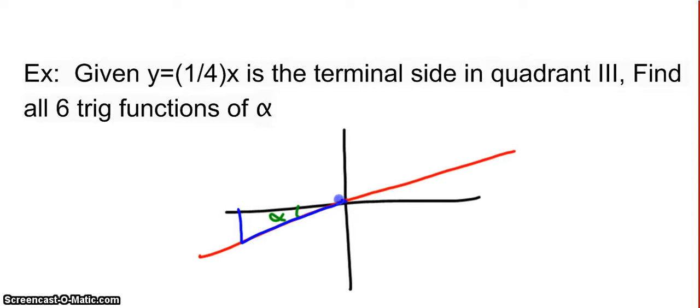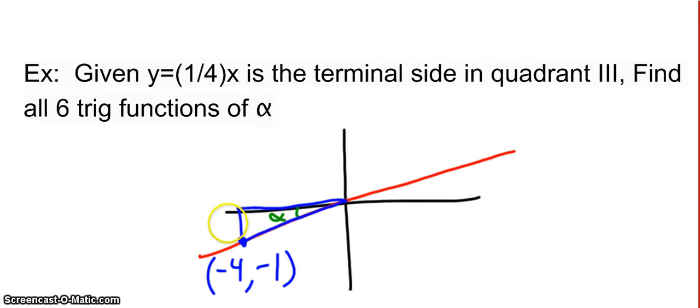Well, I'm going to draw it like this, like we have, and if the slope is 1/4, I know there's a point on this line that's -4, -1.